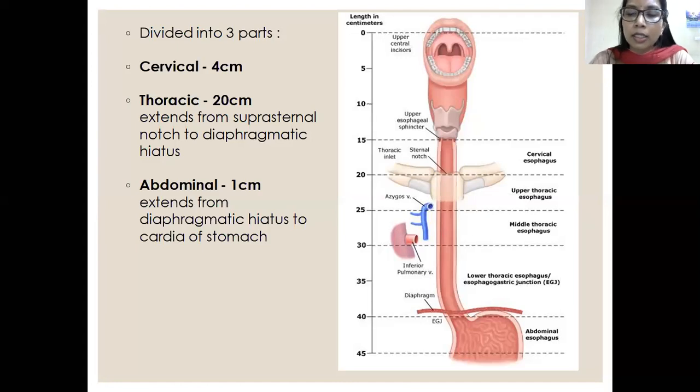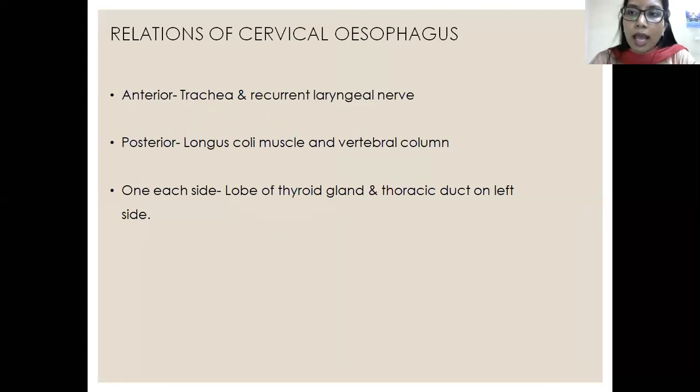So from the start of the esophagus at the laryngopharynx to the suprasternal notch, we call it the cervical esophagus. From the suprasternal notch to the diaphragmatic hiatus, we call it the thoracic esophagus. And from there to the cardiac end of the stomach, just 1 centimeter, we call it the abdominal esophagus.